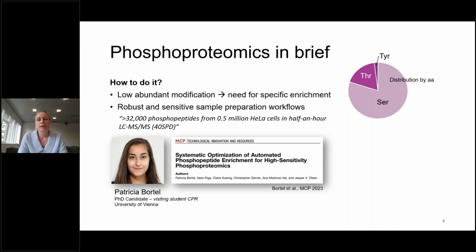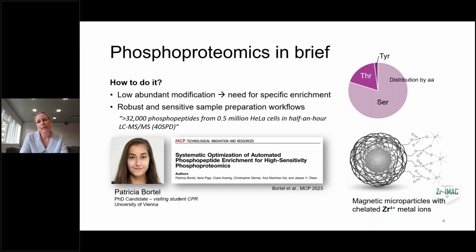And here we could identify around 30,000 phosphopeptides from 500,000 HeLa cells with the 40 SPD Whisper method. Again, it's important to have in mind the need for specific enrichment. And here we use these magnetic microparticles with chelated zirconium ions and use these to chelate phosphopeptides in our samples.